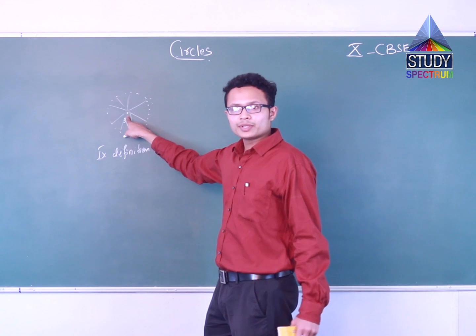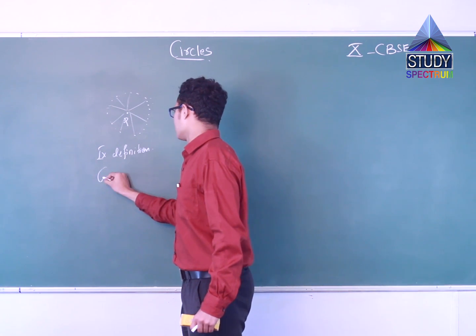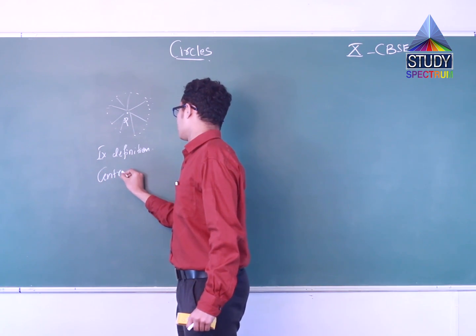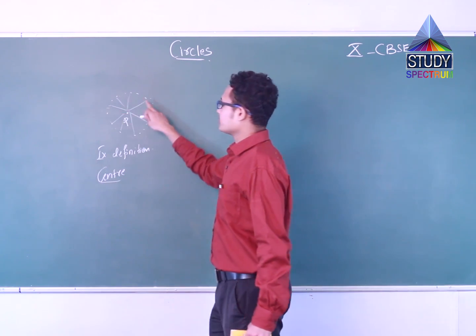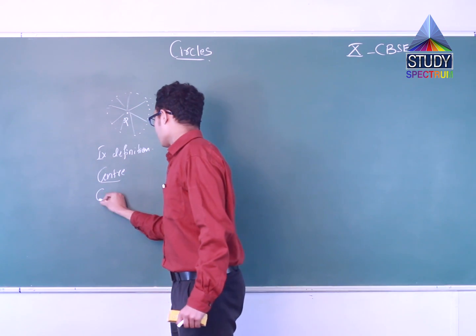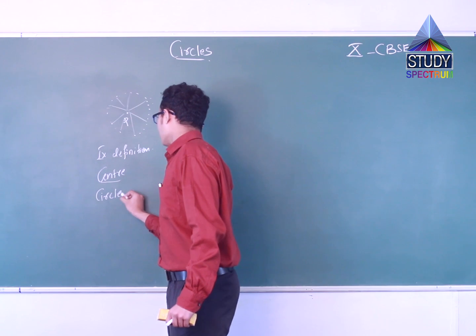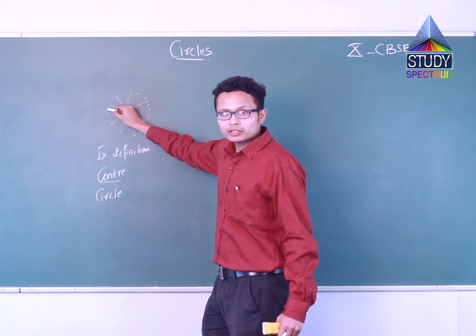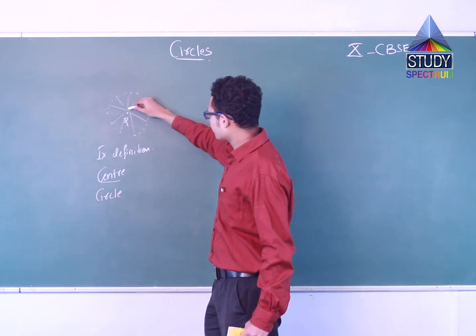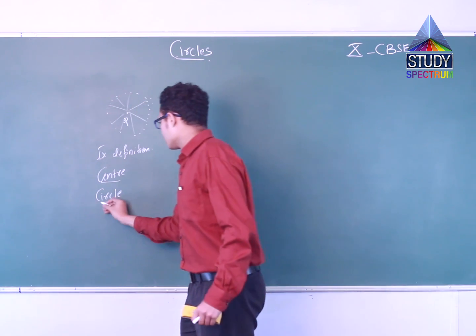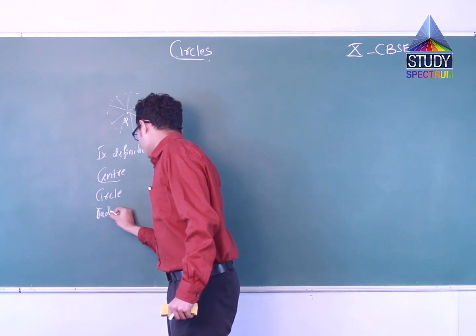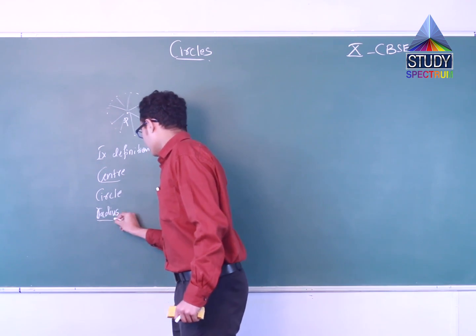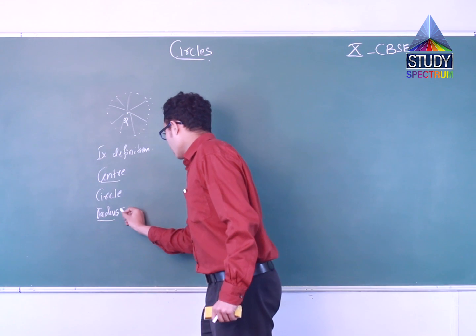Now this fixed point P is called the center. And the curve that forms when you join these points is a circle, of course. This distance from a point on the circle to the fixed point P is the radius, usually indicated by a small letter r.